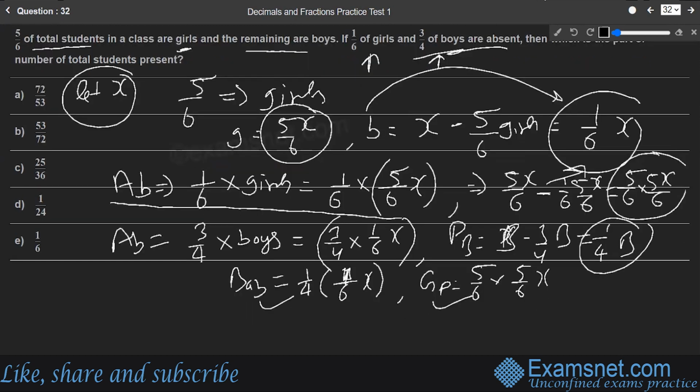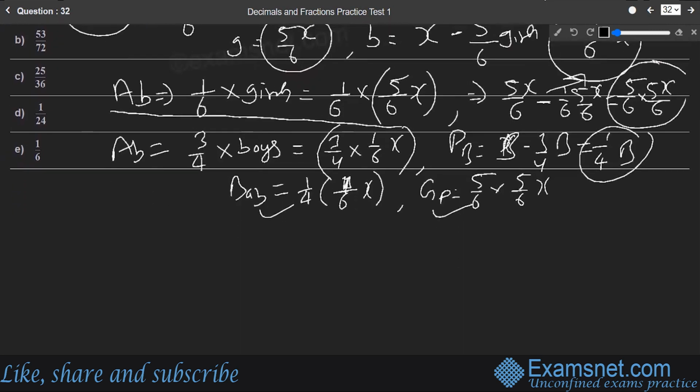Then he wants us to calculate the part of the total number of students present. So the total number of students present can be found by adding boys present plus girls present. This is what we are supposed to do. Boys present are x by 24, and girls present are 25x by 36.